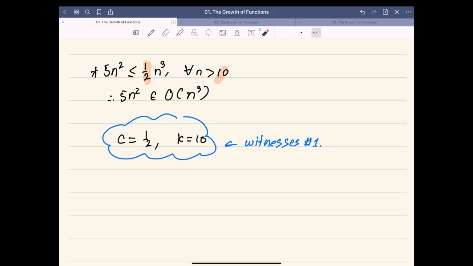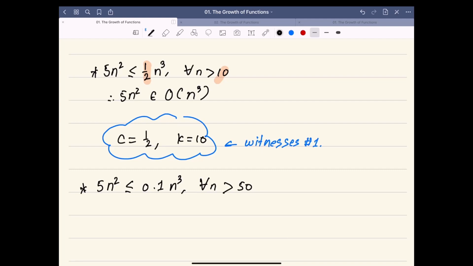Now we will replace the constant 0.5 by 0.1, and the inequality becomes 5n squared less than or equal to 0.1 n raised to power 3 for all n now greater than 50. It's not greater than 10 anymore, and you can prove it by drawing the graph of these two functions.